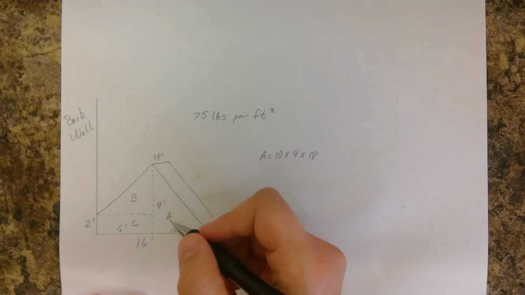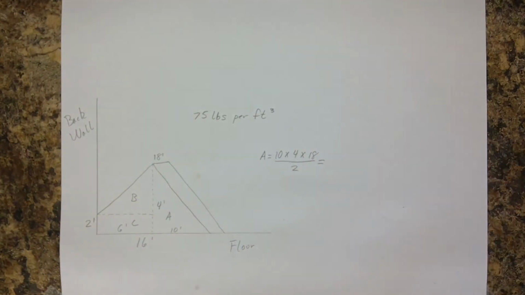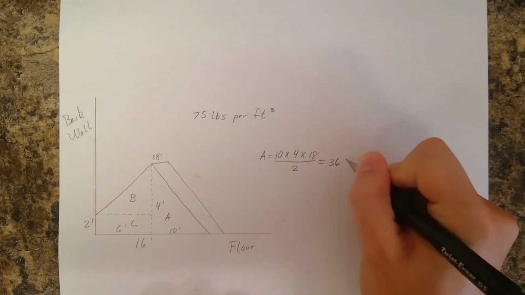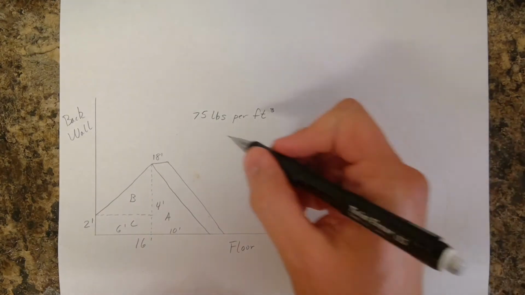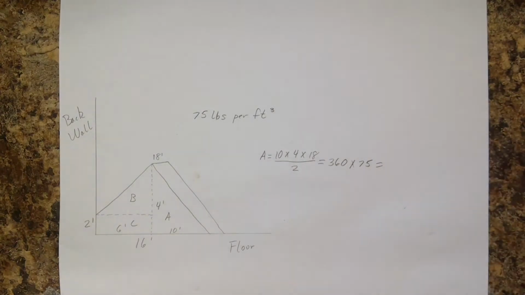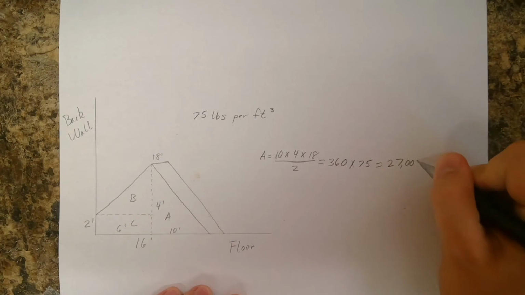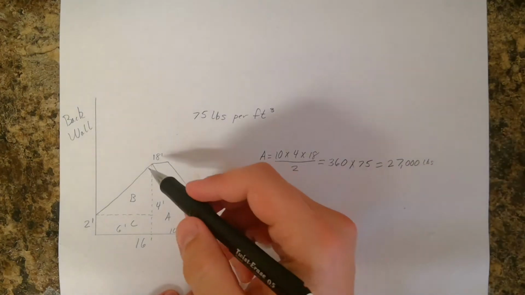And because this is a triangle, we will divide by 2. That is 360. Then we will take that times 75. We now have 27,000 pounds in triangle A of the pile.